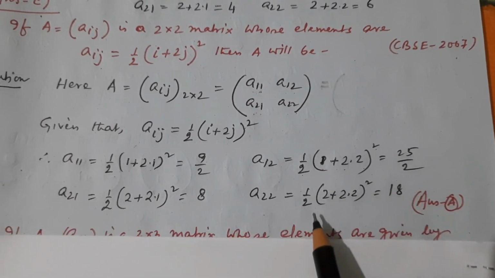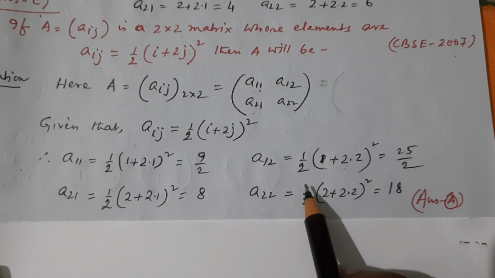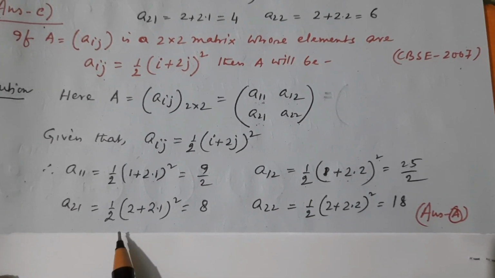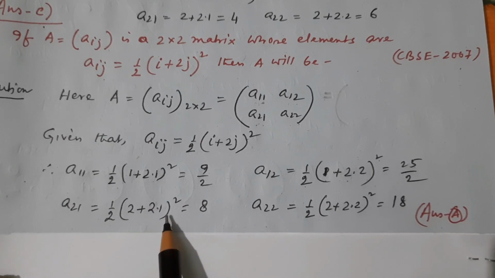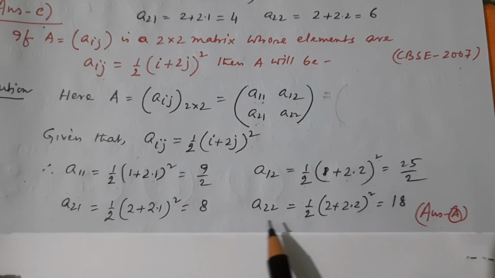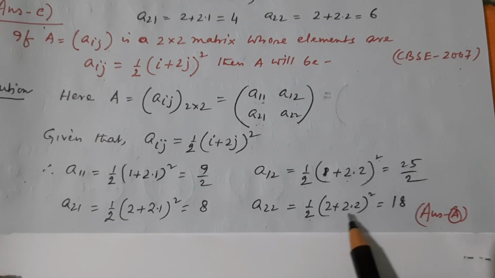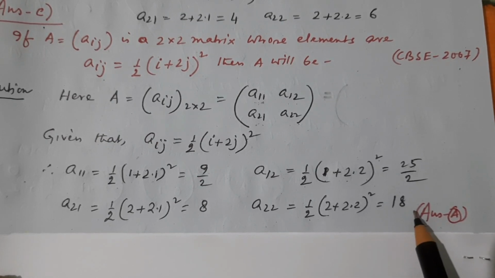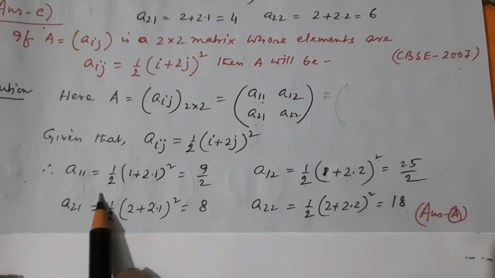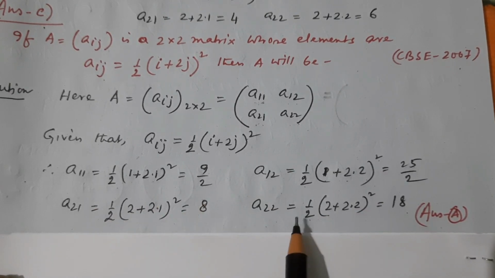A21 is half of (2 plus 2 into 1) whole square, that is 8. A22 is half of (2 plus 2 into 2) whole square, that is 18. So we get A11, A12, A21, A22.